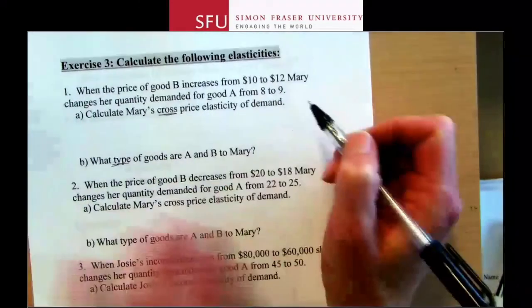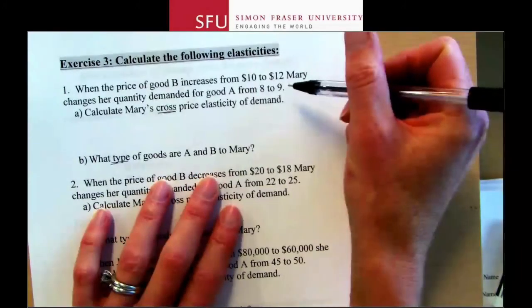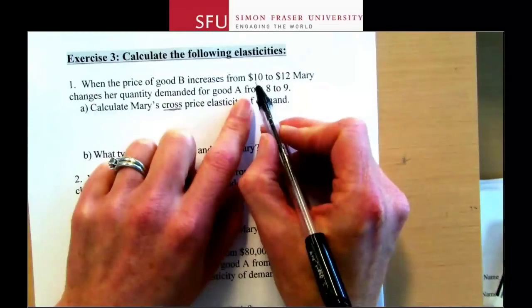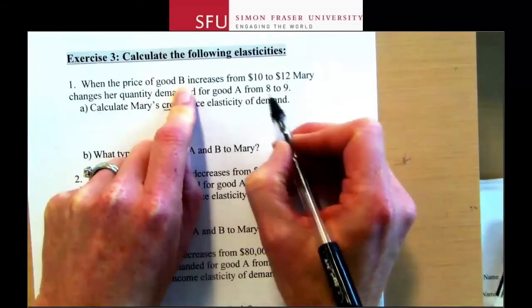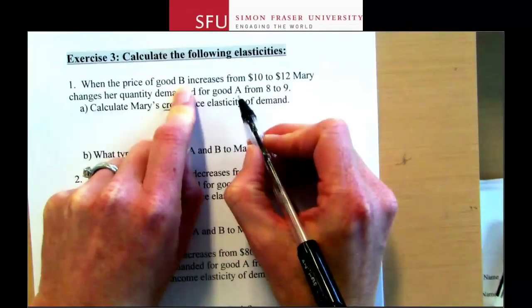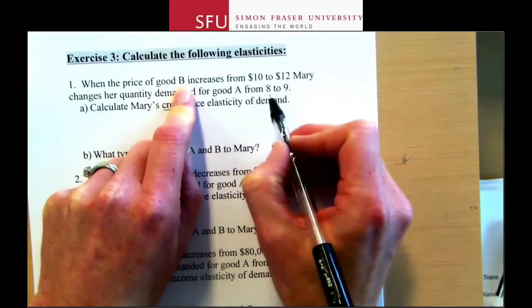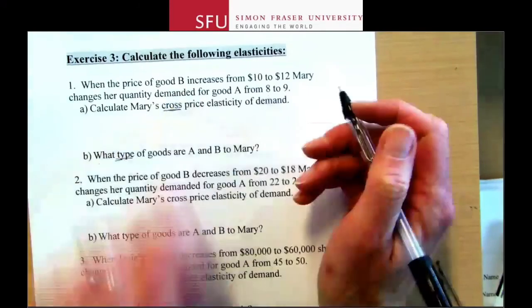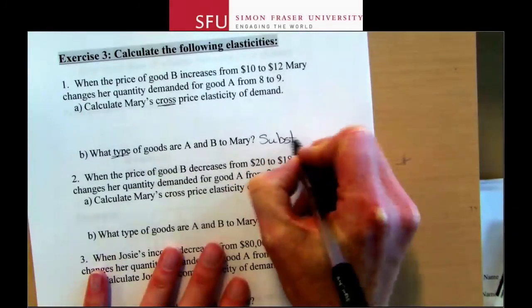So they would be substitutes or complements. But you can figure that out before you even do the calculation, because when the price goes up for this good, Mary buys more of this good. What would they be? Substitutes, yeah, because she's buying more of the one that is relatively now cheaper, because this one is now more expensive. Yeah, so we can already answer this question. They would be substitutes.